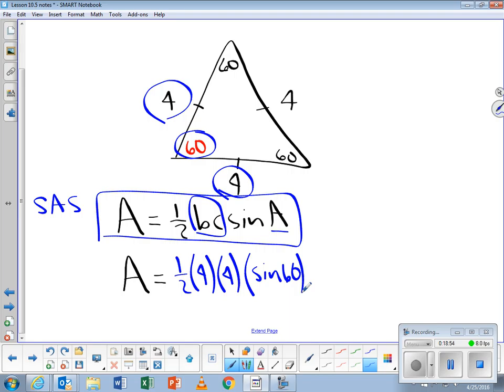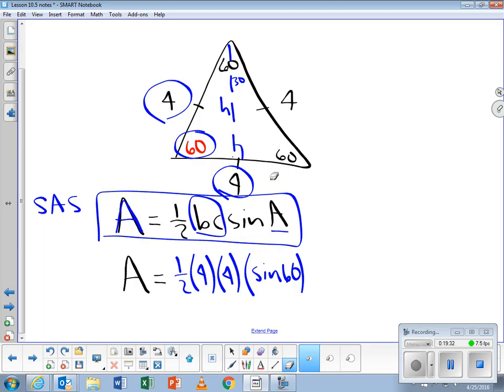Okay? And if you think back, when we talked about this formula the first time, we actually showed very quickly how this height was found by using sine. And so we can call that h. Let me back up.